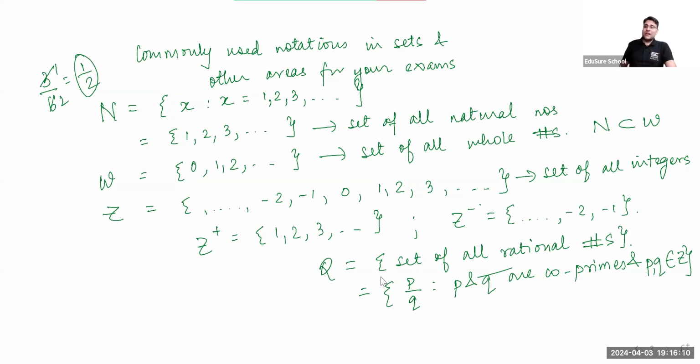The set of all irrational numbers is given by T normally.